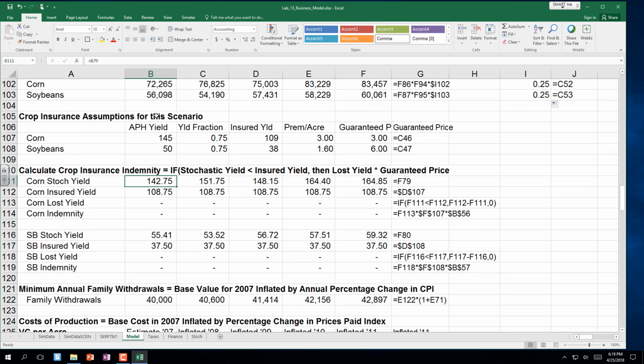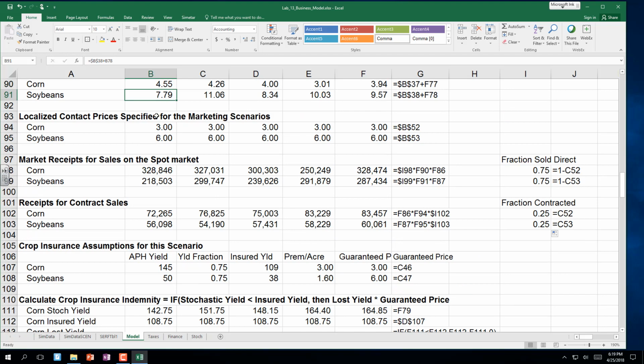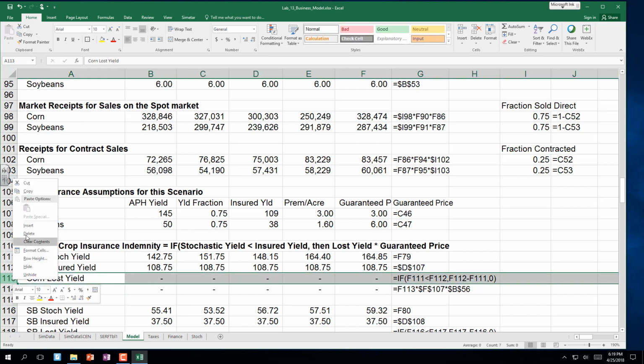Okay? This indemnity is equal to a fraction equal to 1 to 79. Why did I do that? Oh, that's my stochastic yield right there. Okay. It would be nice if I'd put in a blank line right there.